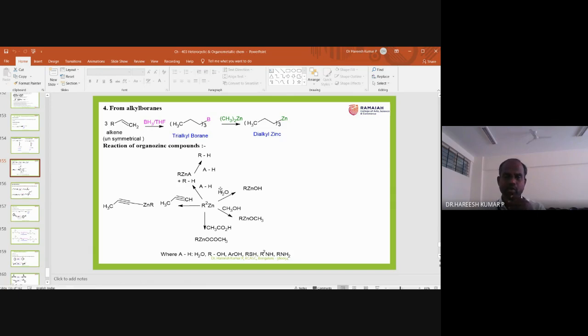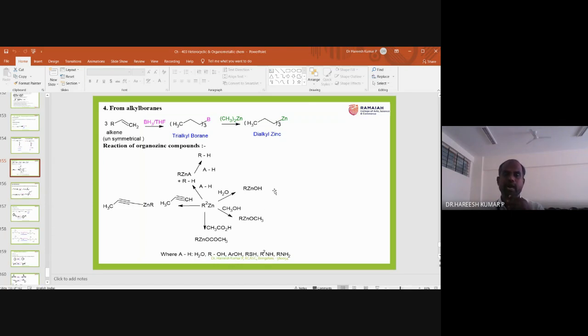The lone pair can react with zinc. Otherwise, R of the alkyl zinc can react with the proton of the water and goes out as a hydrocarbon. And what is forming is alkyl zinc hydroxide.